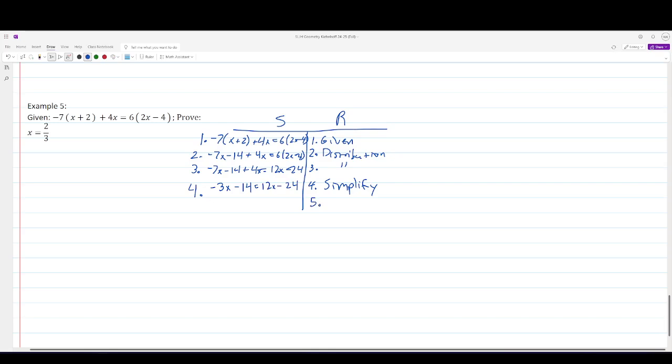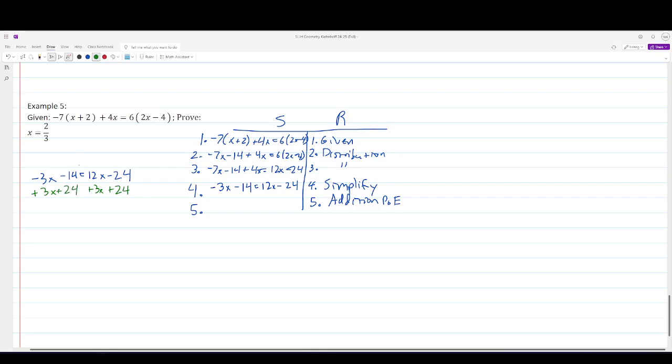Step 5. Now we're going to do the kind of steps we did before. So we're going to add. So this time, just to model it differently, I'm going to do both additions at once. Again, you could use ditto marks to do it in 2 steps, but I'm going to add. So if we had -3x minus 14 equals 12x minus 24, then what I would do if I were working this problem is I would add 3x, and then since I was also needing the constant to go away from the right side, I would also add 24.